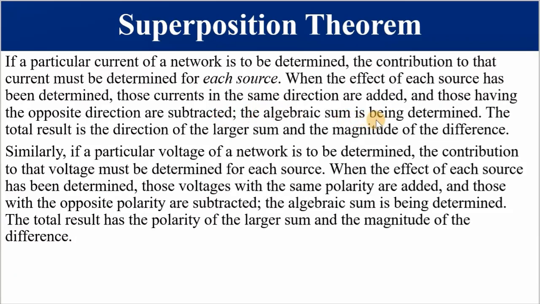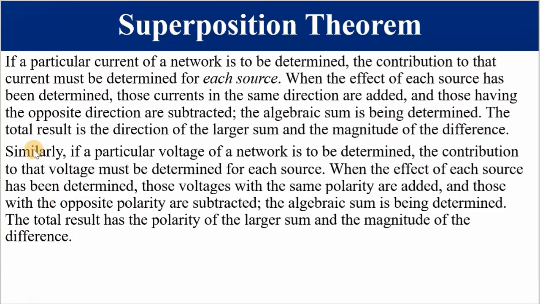When we add positive and negative, we say we are finding the algebraic sum, and the total result has the direction of the larger sum. Please take note that we did this when we did voltage sources and current sources in series and in parallel, and the magnitude of the current or voltage is the difference of the two.